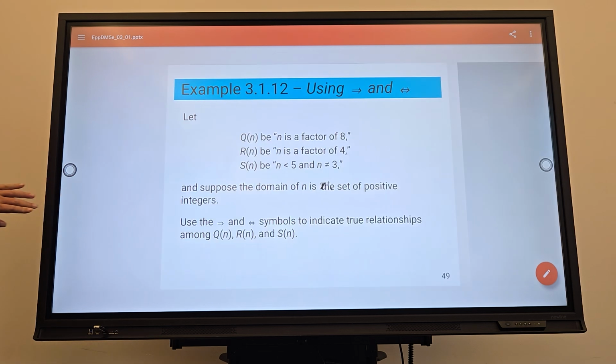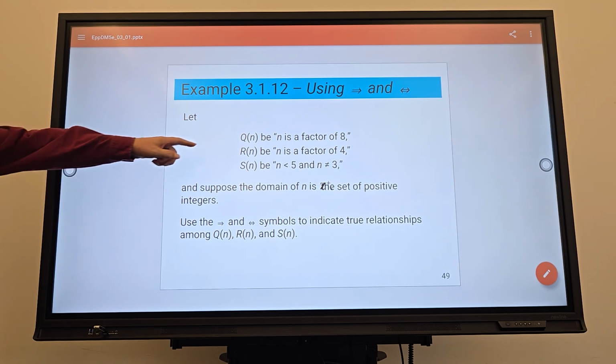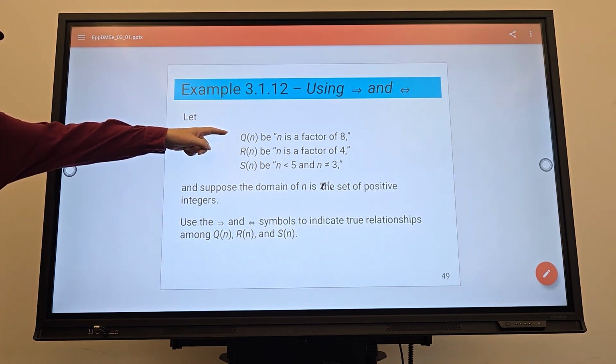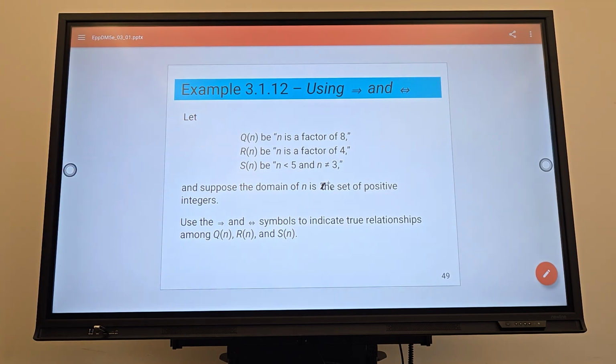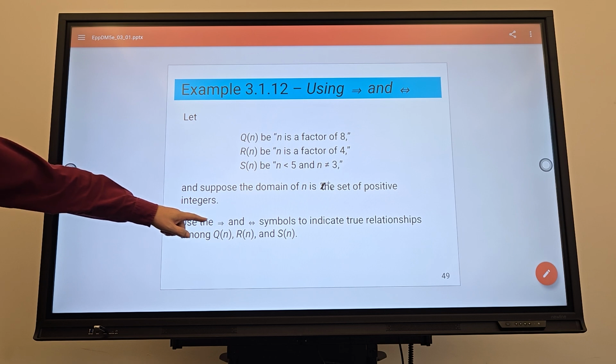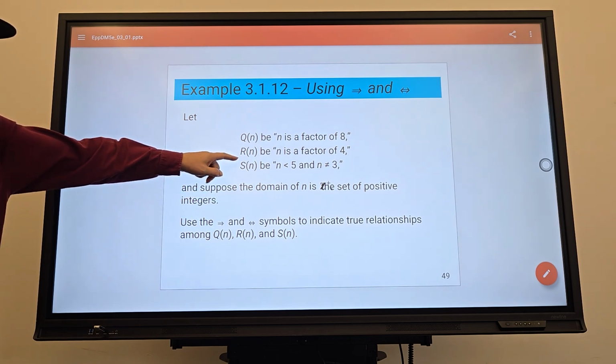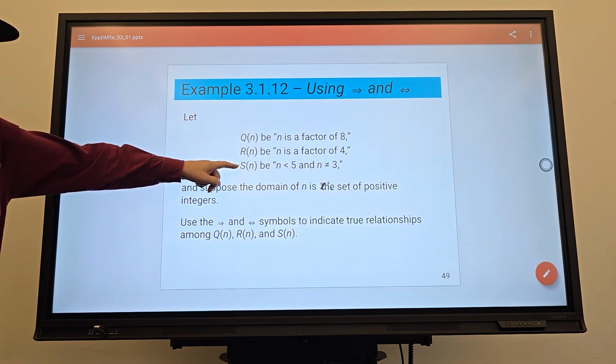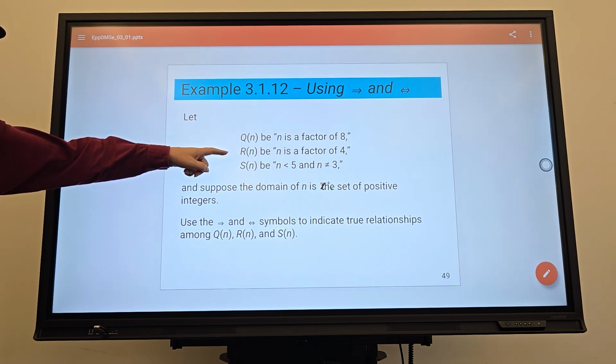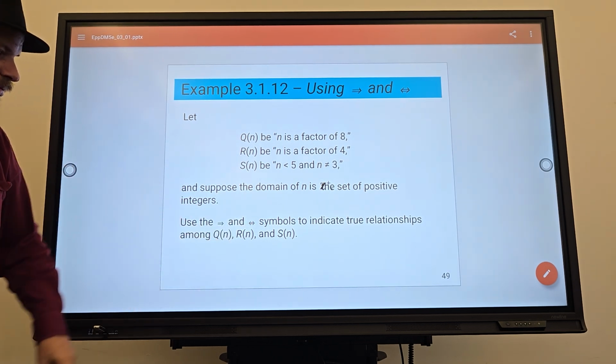So R of n is a subset of Q of n, so that would be the single arrow. "n is a factor of 4" and "n is less than 5 and n is not equal to 3" are the same, so we can use the double arrow.